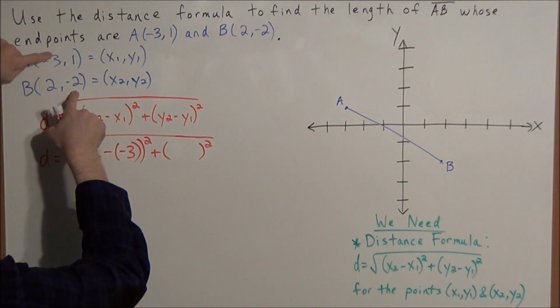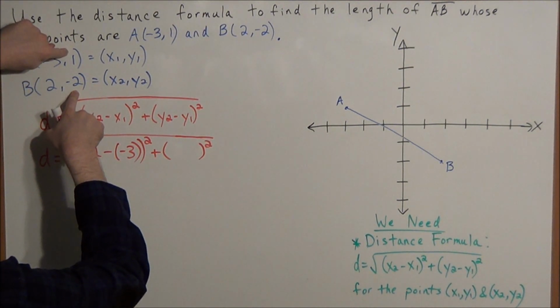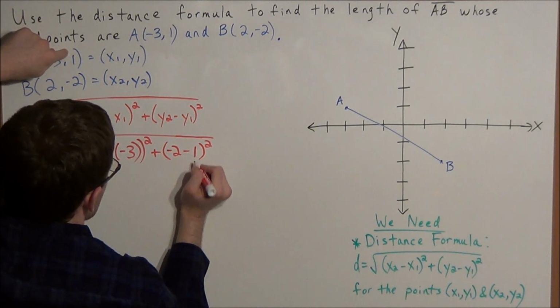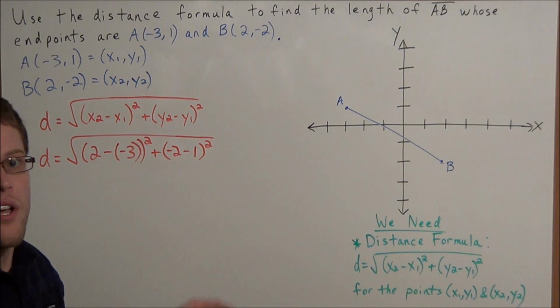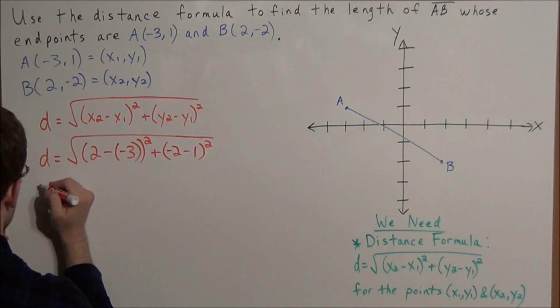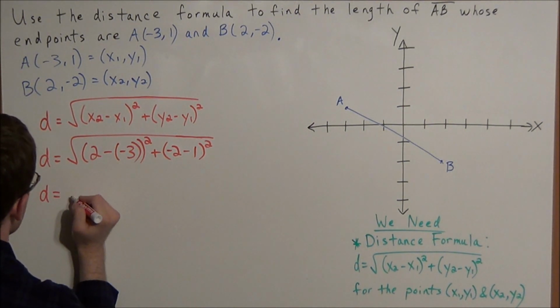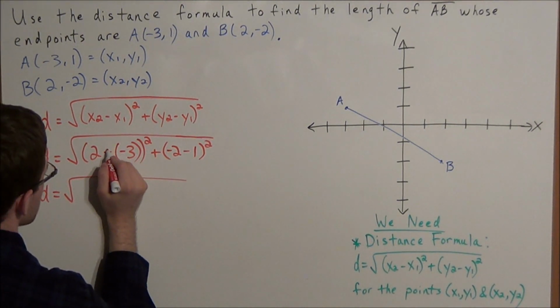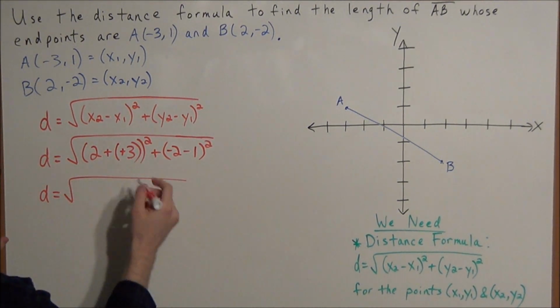Well, y2 is -2 and y1 is 1. So we have -2 minus 1, this quantity squared. Now in the next line we could simplify. We have that the distance is equal to the square root of 2 minus -3, which becomes 2 plus 3.